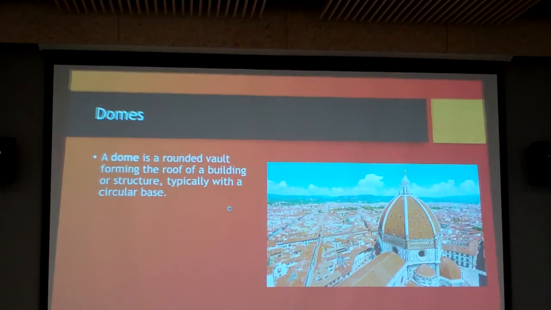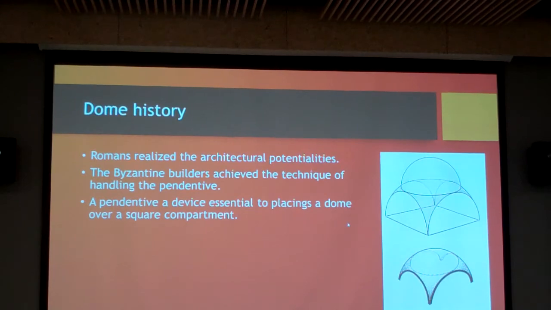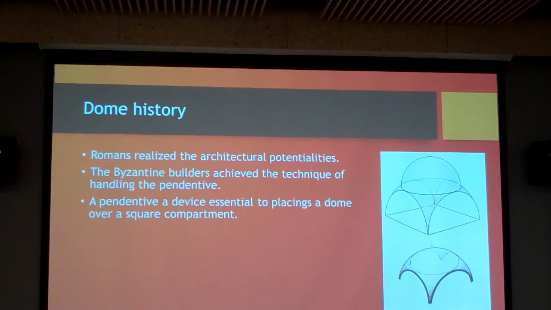A little bit of history. The Romans realized the architectural potential of domes, but the Byzantine builders achieved the technique of the pendentive, which is these pieces here, like this part.